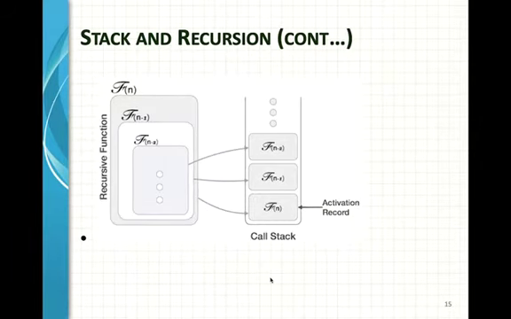This is a pictorial representation of recursion. Suppose it is a recursive function with a value n, calling itself, and again with a reduced value, again it is calling itself, and this calling is done until the least or base condition is arrived.